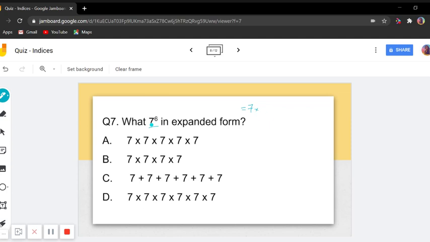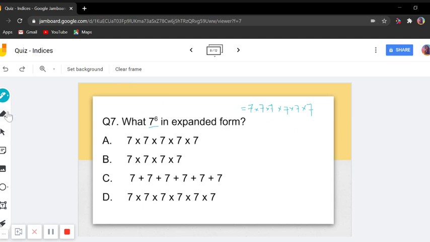And how many times does it multiply by itself? It is 6 times. 1, 2, 3, 4, 5, and 6.